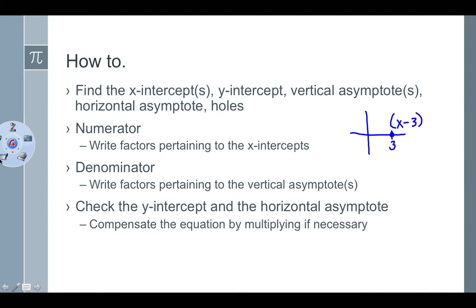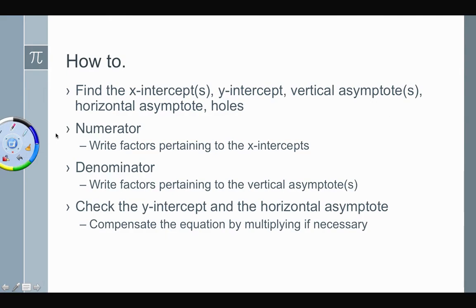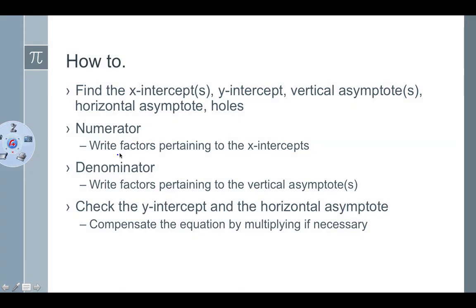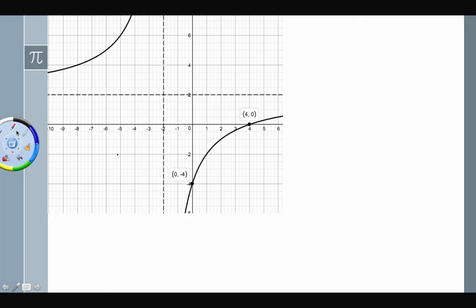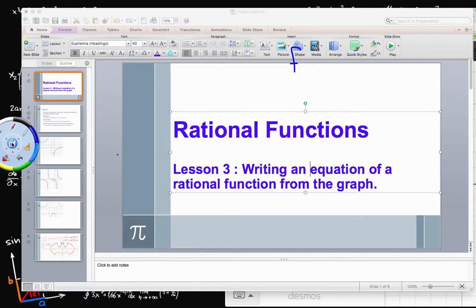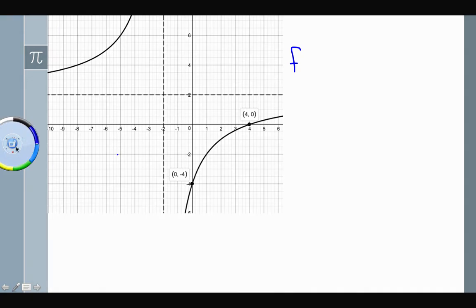All right, so what we're going to do here is look at our first example now. So we are going to look at this one right here. And we are going to start by setting up a function. We're going to say f of x is equal to some rational function.